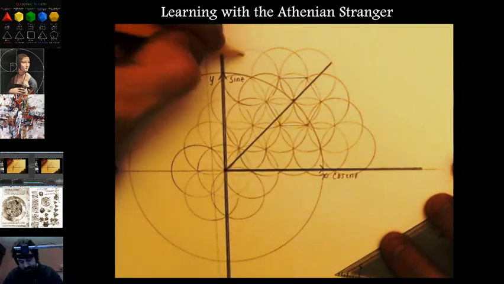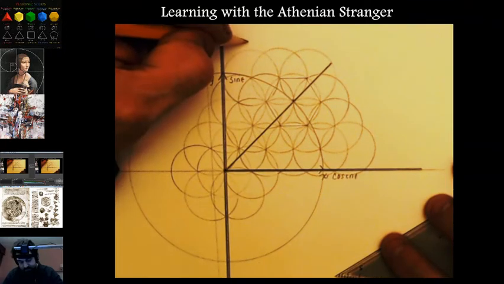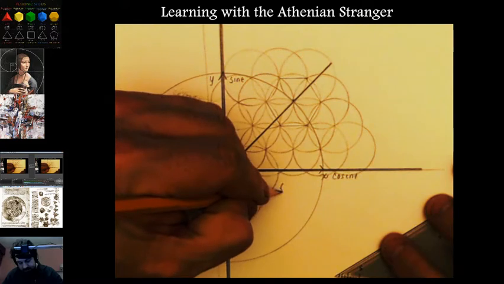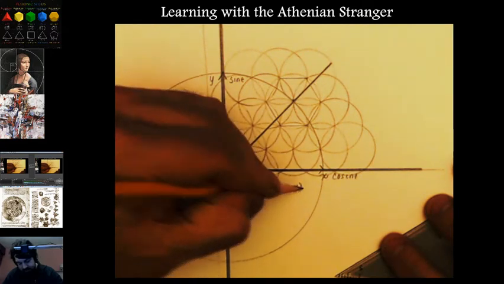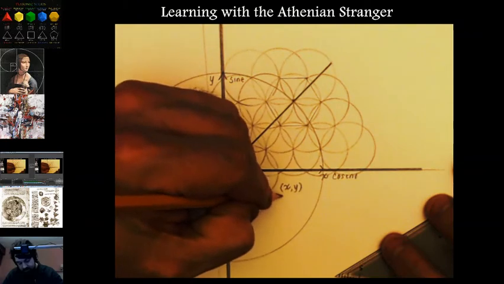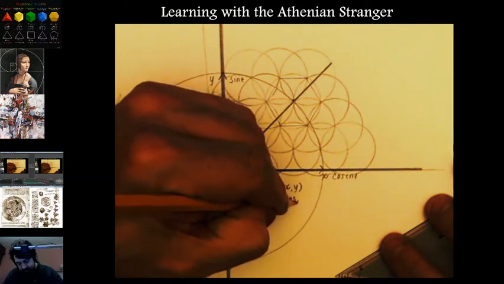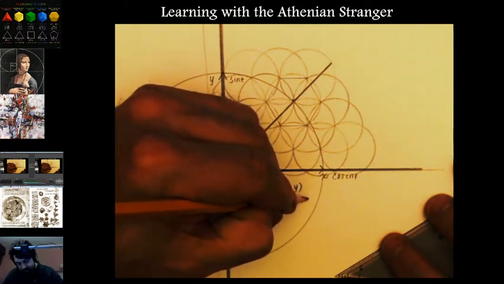So in a plot where we have coordinate points x, comma y, what we're finding is the cosine and the sine.